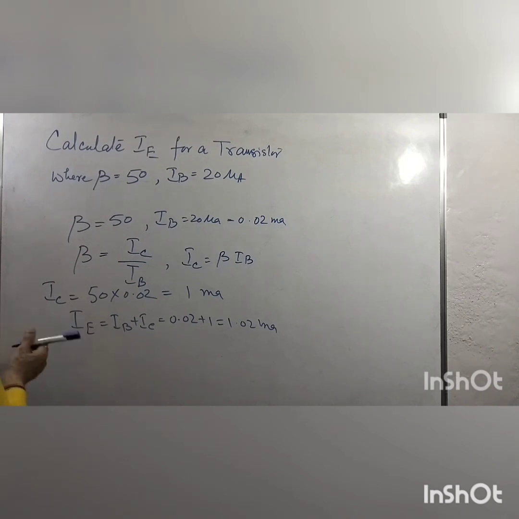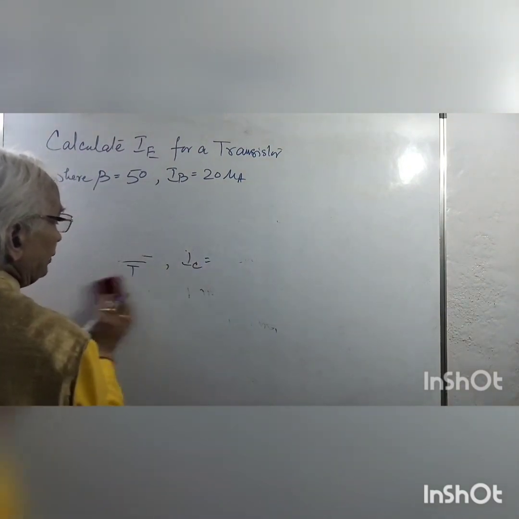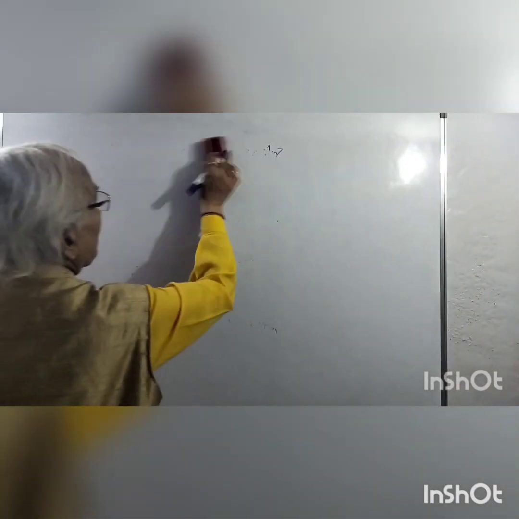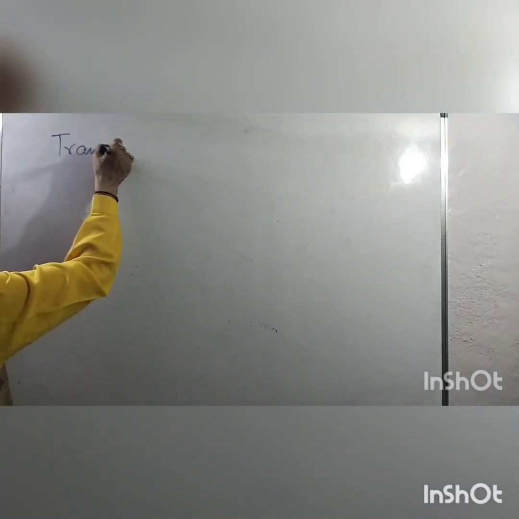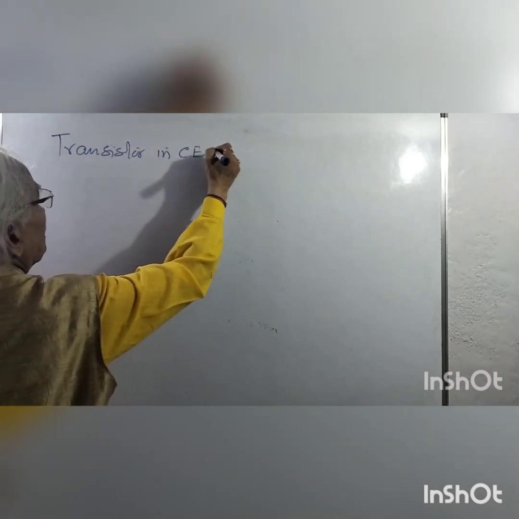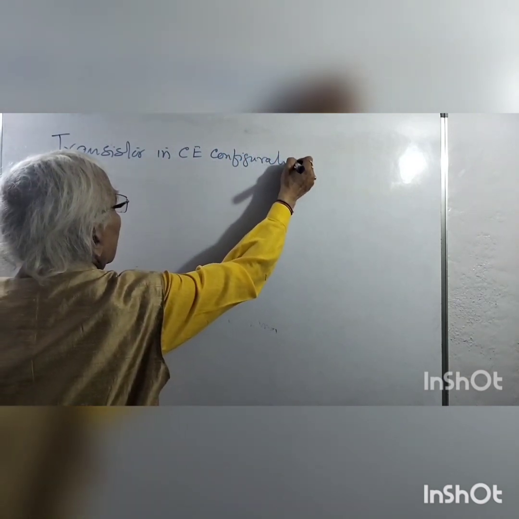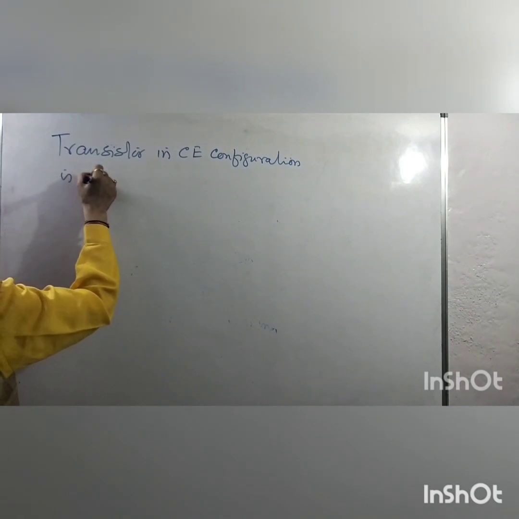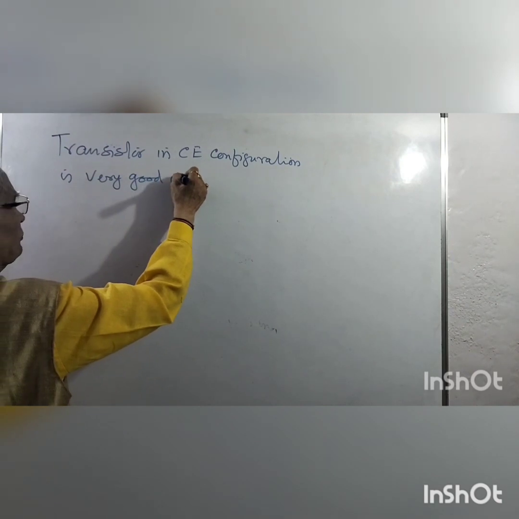So this I have explained already, that transistor is an amplifier in common emitter configuration, and I tell you that the working of transistor in common emitter configuration is very good amplifier.